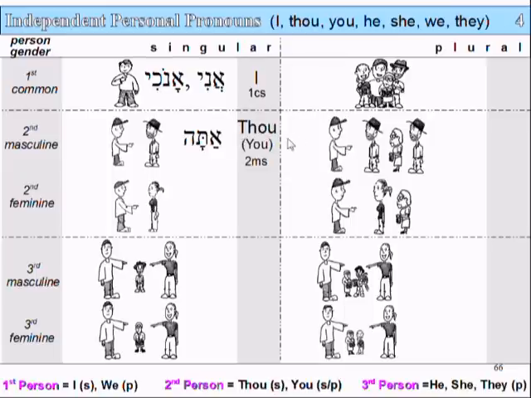So you don't say thou to a group of people, you say thou to one person when you're speaking to the king, for example, or somebody else. So that's thou, that's you. And atar is you, and it's you to a man, just one man. So it's a second person masculine singular, or 2ms.